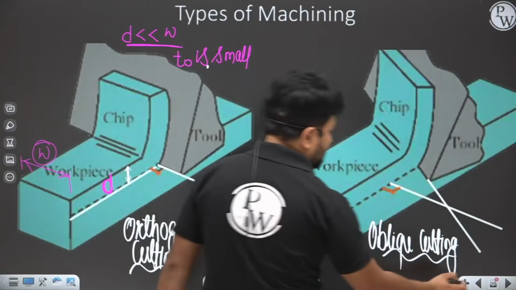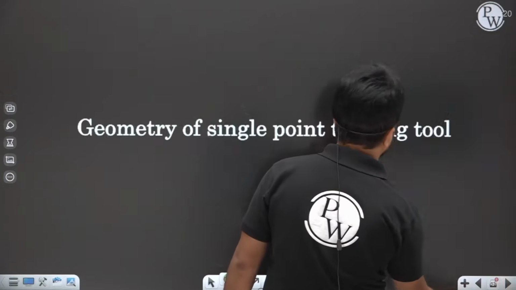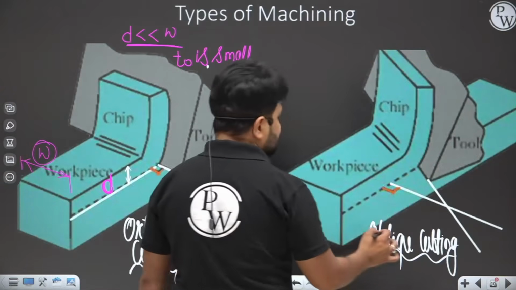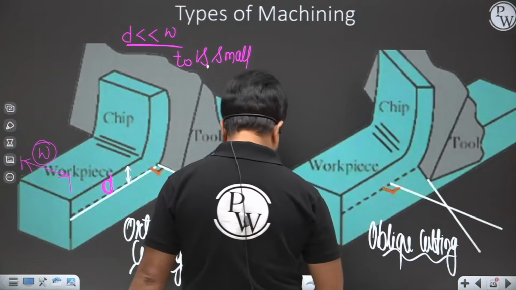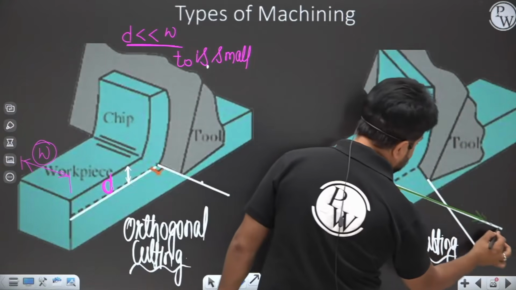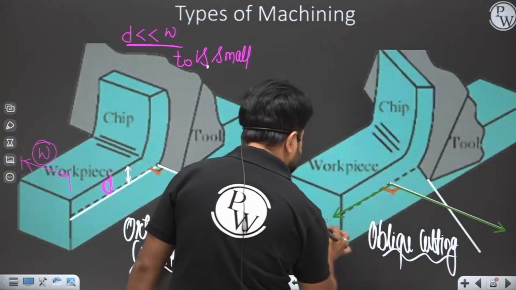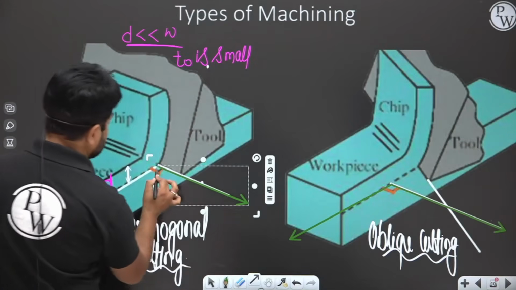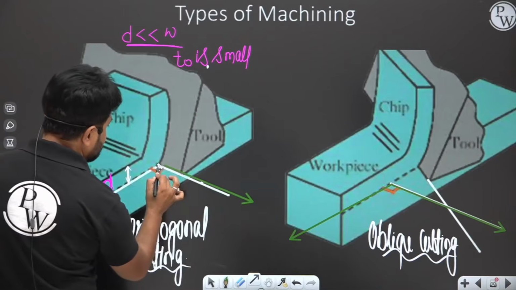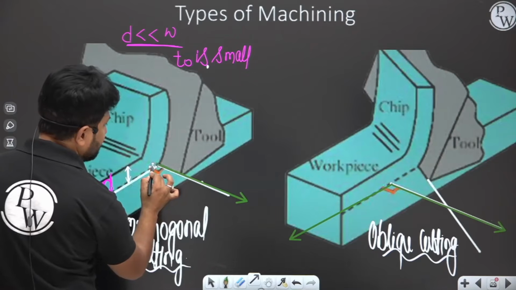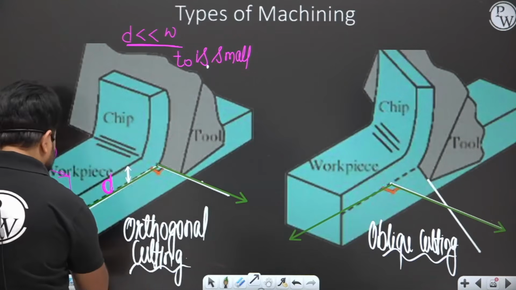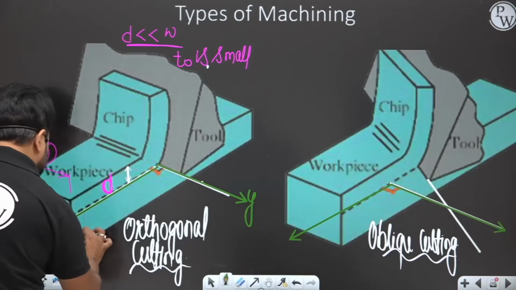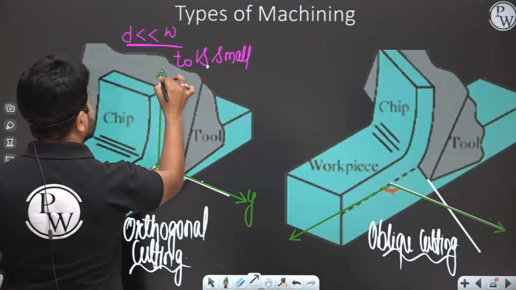But suppose you talk about oblique cutting. Please see, this is the y axis, this is the x axis, and this is the z axis.